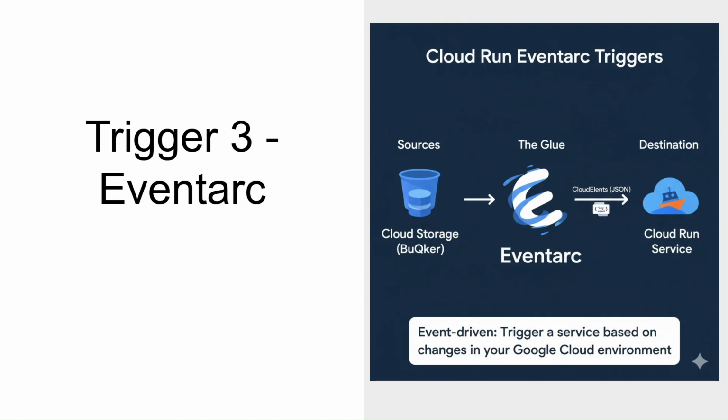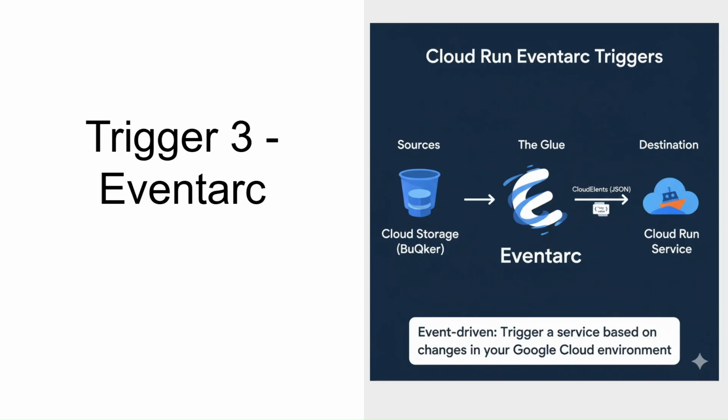Eventarc just allows you to hook into events that are happening in Google Cloud. These can be events on your Cloud Functions, events on your Cloud SQL, almost every single service that Google Cloud provides. There are some events that Eventarc allows you to subscribe to.